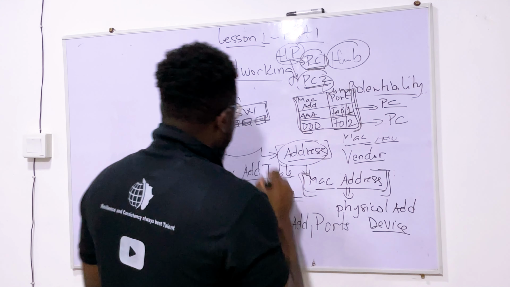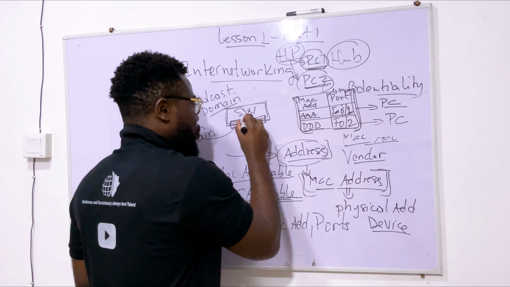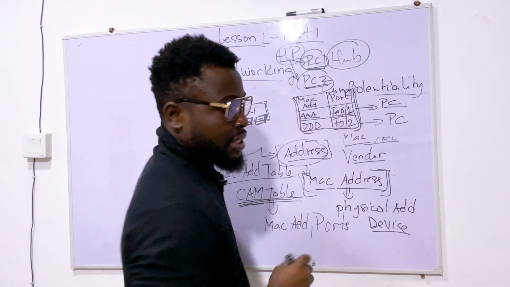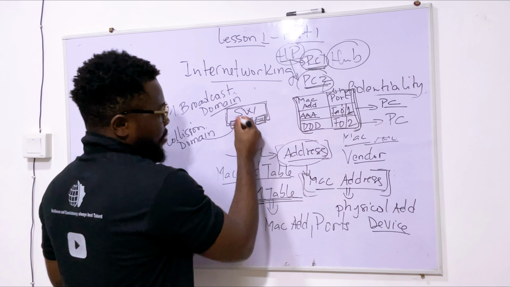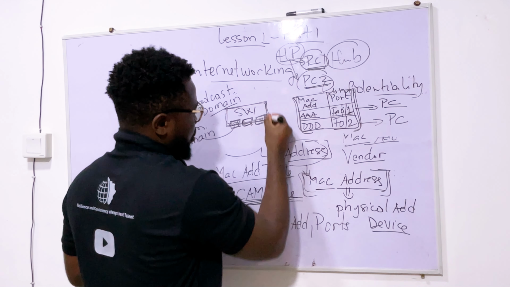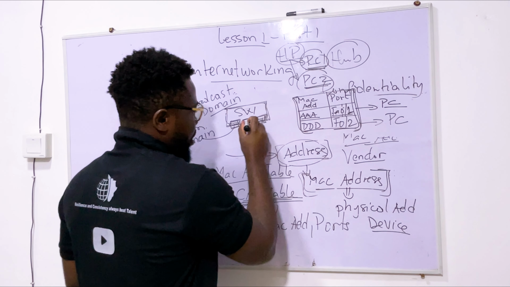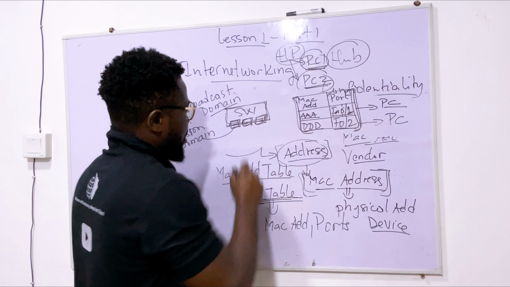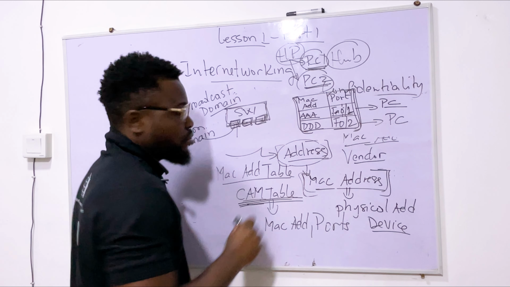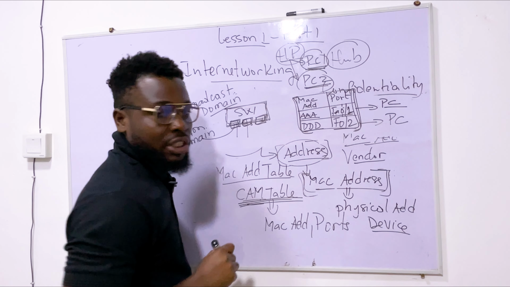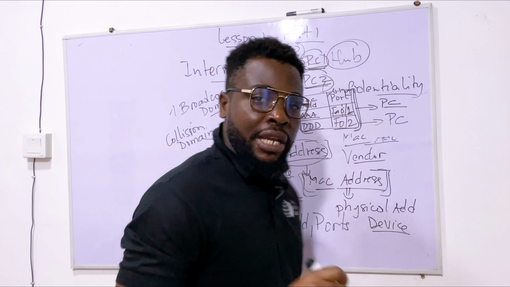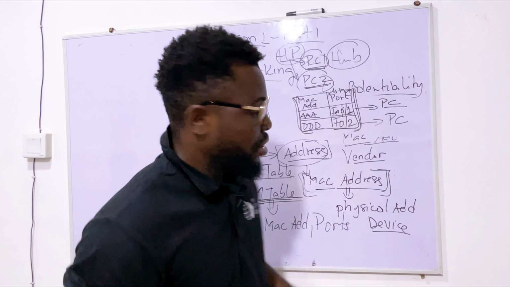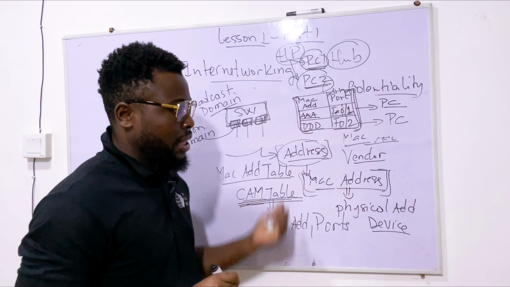I'm saying each interface of the switch represents a collision domain, meaning what? If this is a switch with 3 ports, this one is one collision domain, this one is one collision domain, this one is one collision domain, which was different with the hub.